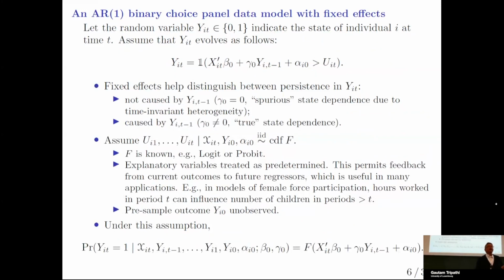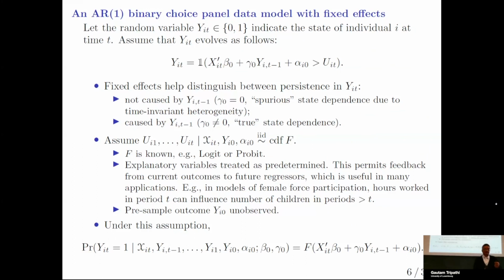And you can think of y as indicating the state of the individual at a particular time. So the individual could be employed or unemployed. The individual could be sick with corona or not sick. The individual could be a member of a union at a particular time or not, and so on and so forth.